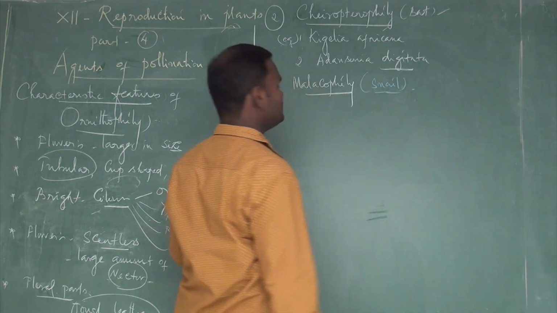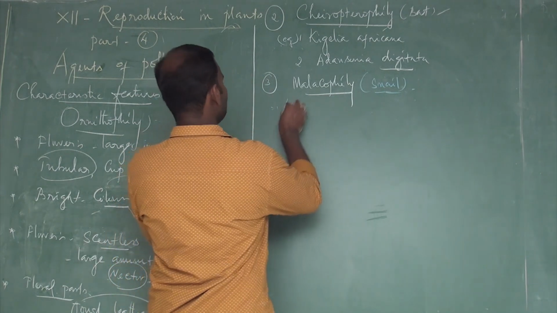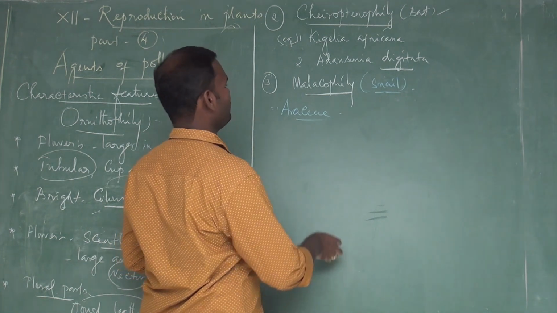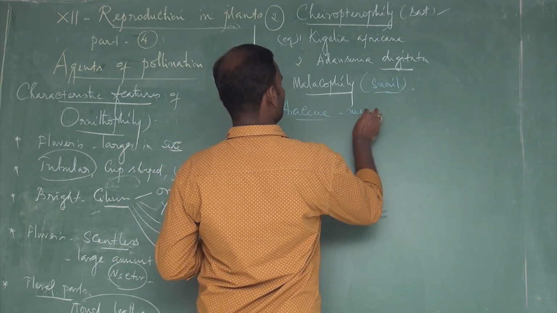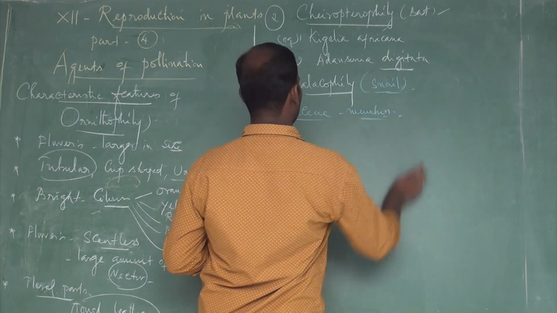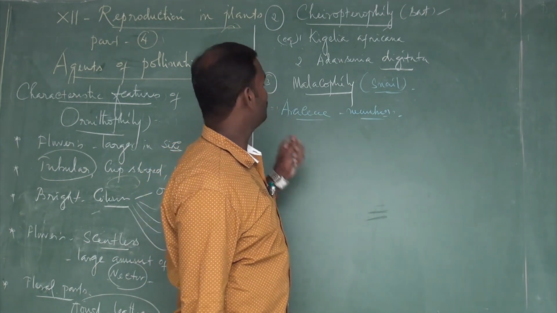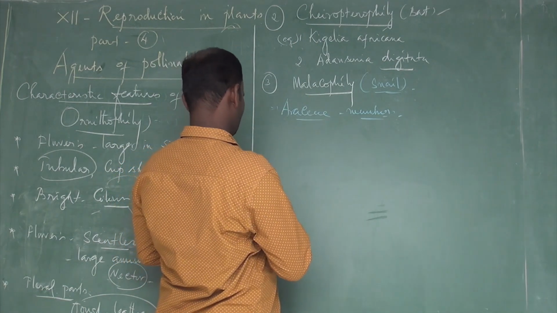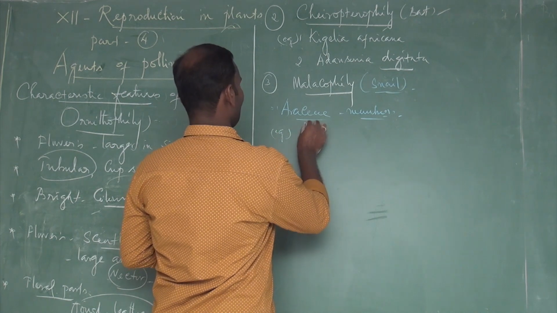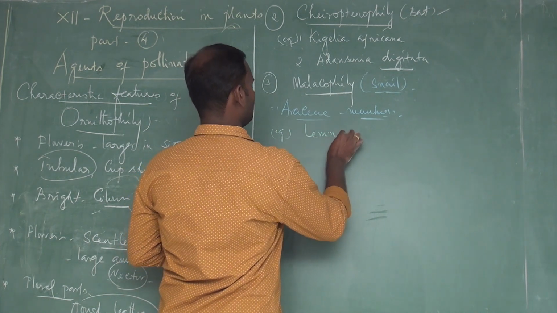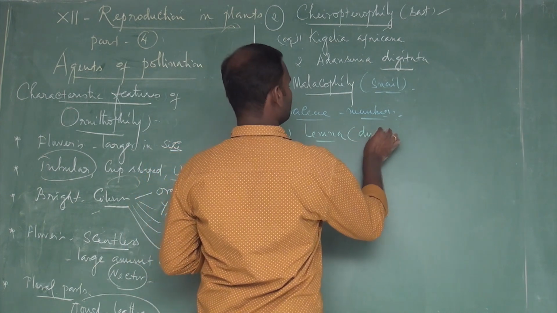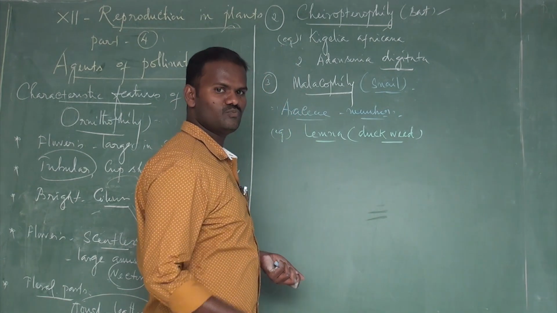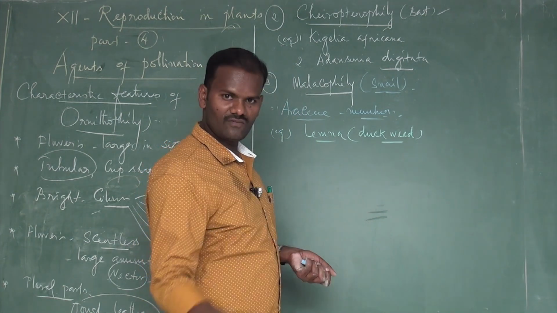Certain Araceae members have also been reported to be pollinated by snails. For example, the arum plant, which is also an Araceae member, is pollinated by snails. Certain water plants, for example Lemna, commonly called duckweed, are small in size and freely floating on the water surface.